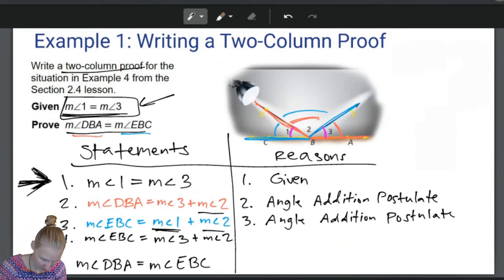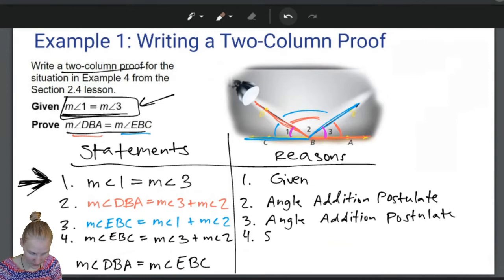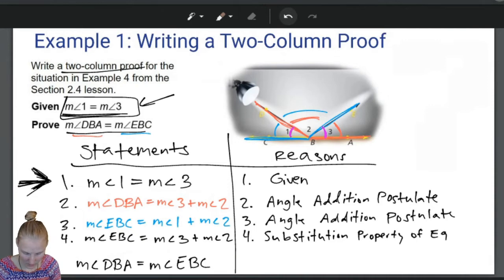That's all I did. Let me erase these black lines, they are getting confusing. So instead of writing the measure of angle 1 up here, I just wrote the exact same thing, but instead of measure of angle 1, I wrote the measure of angle 3. And that's just substitution. I substituted angle 1 for angle 3. So substitution property of equality.